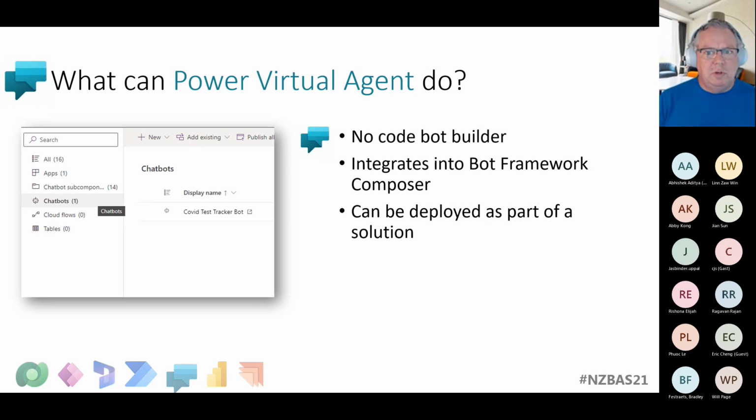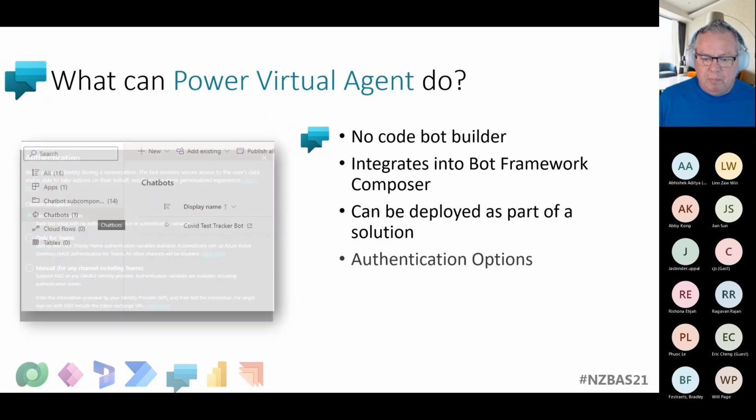Let's rephrase it: PVA will require Dataverse. How it gets to Dataverse is a discussion we'll have when we look at the licensing and where that kicks in. But basically, if you are building a solution and part of the solution is to have the bot, you don't need a separate deployment model for it. Make it part of your normal solution pack. You'll see this is a new solution builder look and feel, and your bot will migrate across from environment to environment and use any things like environment variables that you've set up.